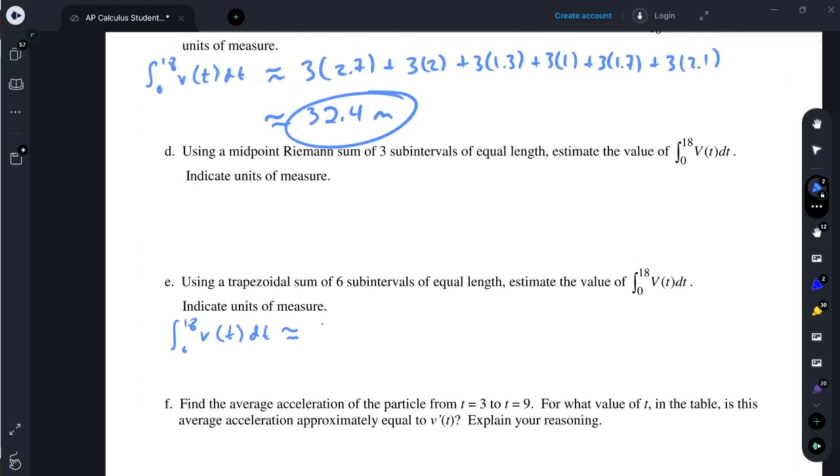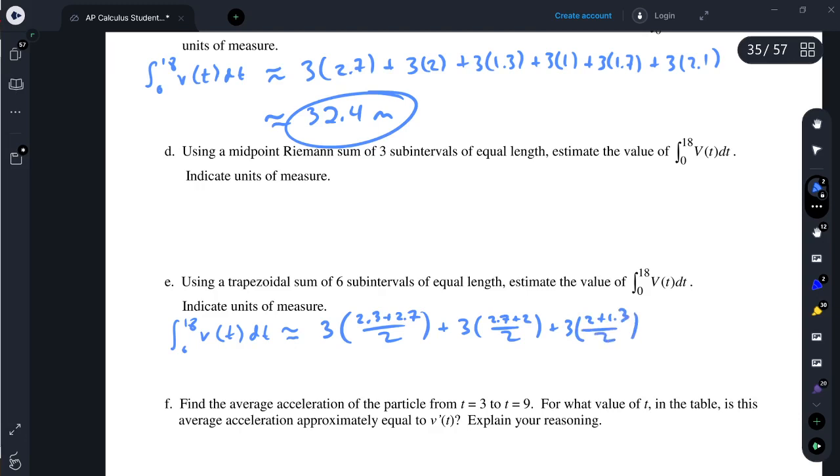This is going to be 3 times, the first one was 2.3 plus 2.7 divided by 2, plus 3 times 2.7 plus 2 divided by 2, plus 3 times 2 plus 1.3 divided by 2, plus 3 times 1.3 plus 1 divided by 2, plus 3 times 1 plus 1.7 divided by 2, plus 3 times 1.7 plus 2.1 divided by 2.